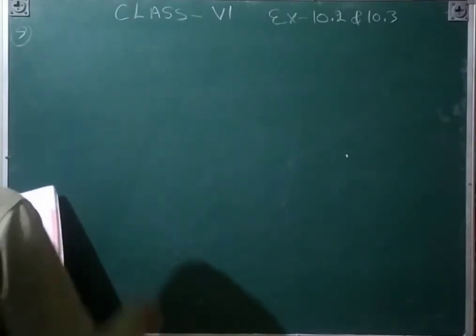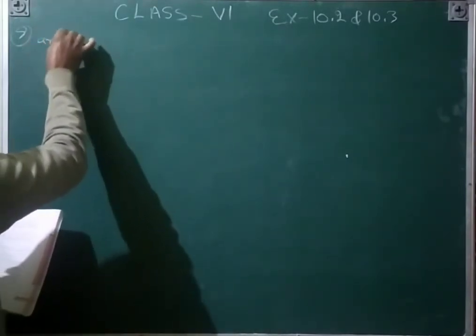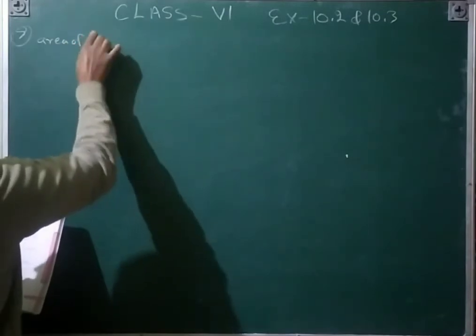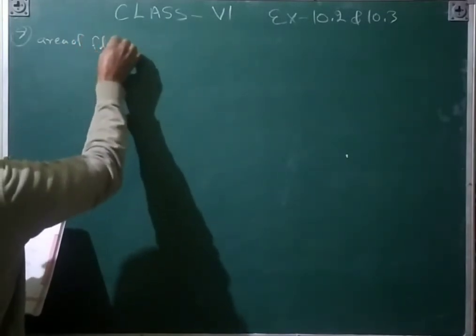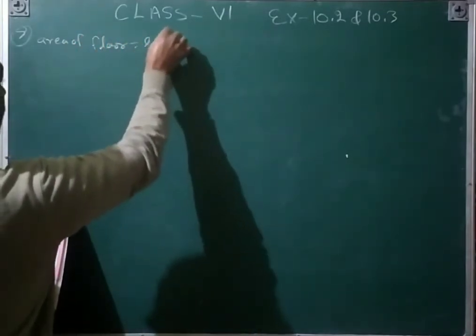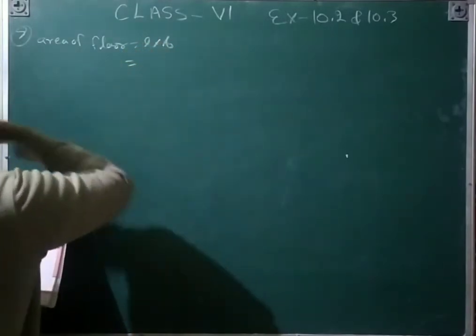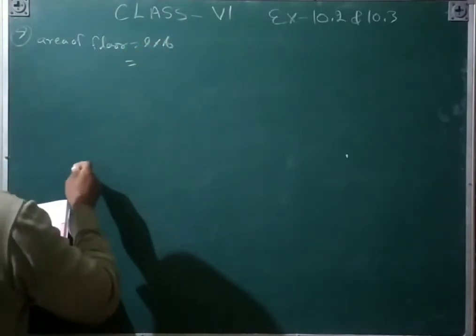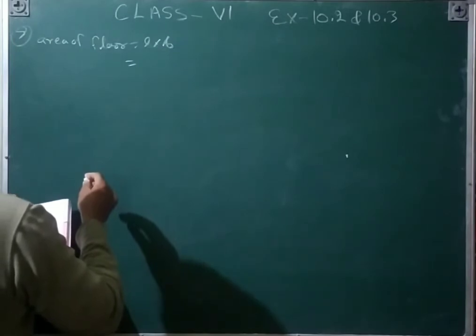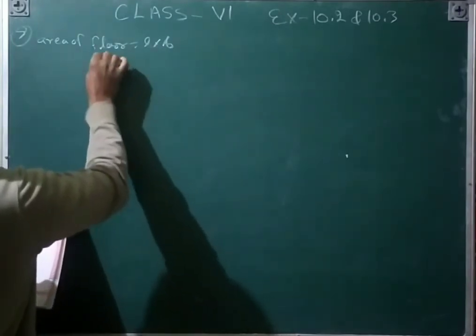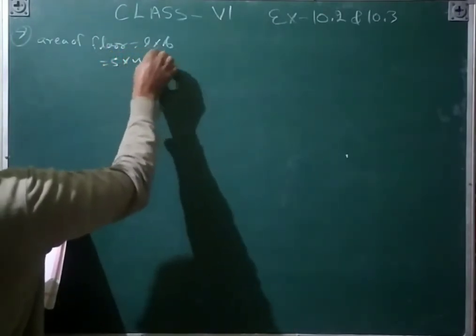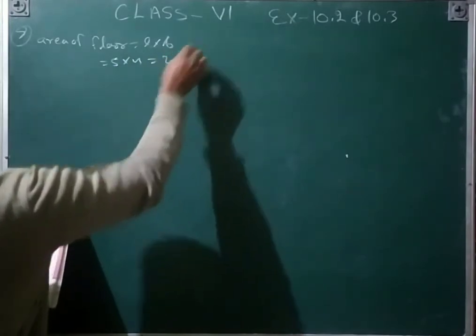So area of floor is equal to L into B. That will be L is equal to 5 into 4. That is 5 into 4 is equal to 20 meter square.